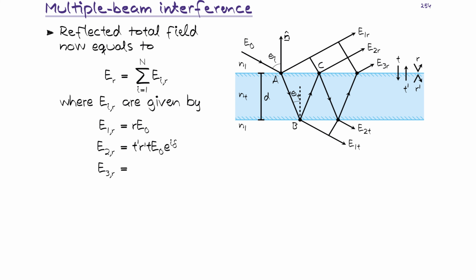And then for the third ray, we can do the same kind of progression, and I will go through these terms with my arrow. I have one transmission here, and then one reflection, second reflection, third reflection, and then second transmission.